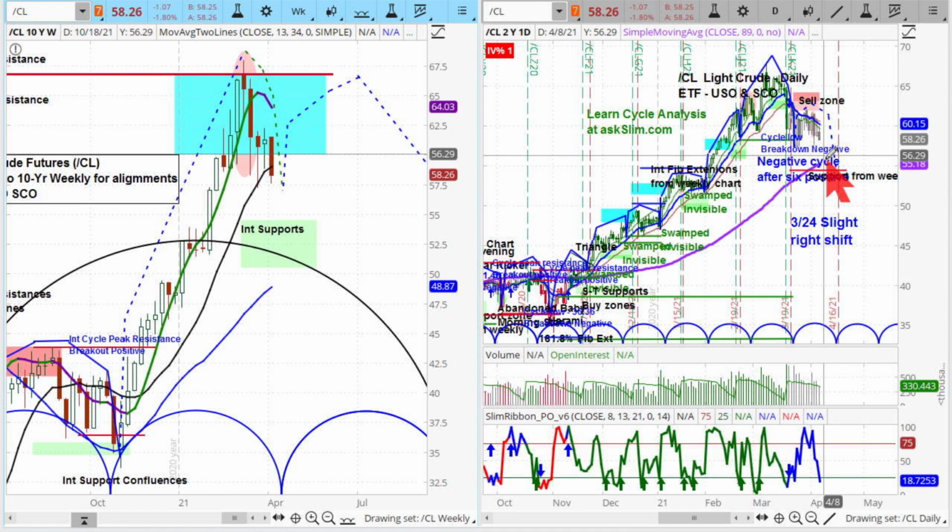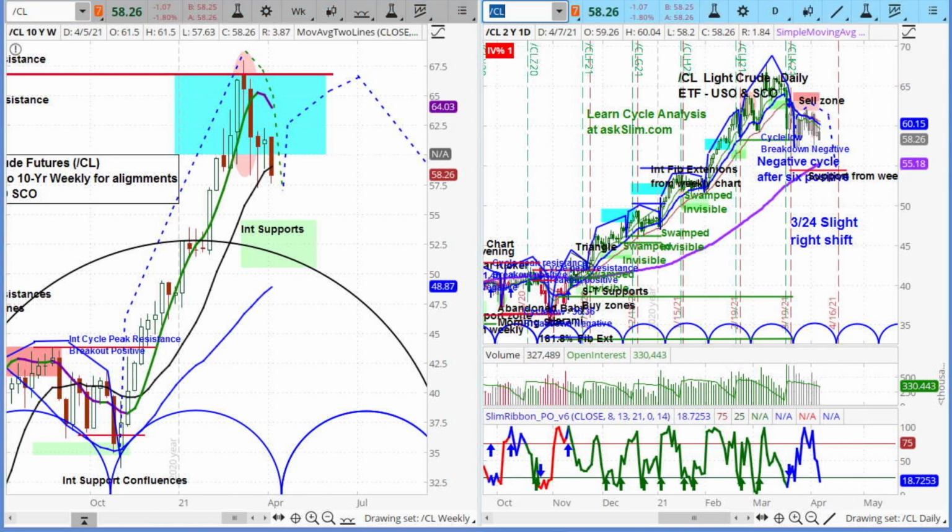So somewhere right in here is going to be a buy area when you look at light crude, and remember that because we always correlate when we look at things, and we're going to look at the energy market. We're going to talk about the energy market when we look at the Canadian dollar, because the Canadian dollar and the Aussie are pretty much tied to a lot of the materials and the commodity prices. So that's a look at light crude.